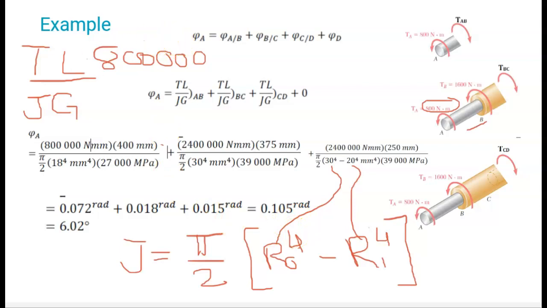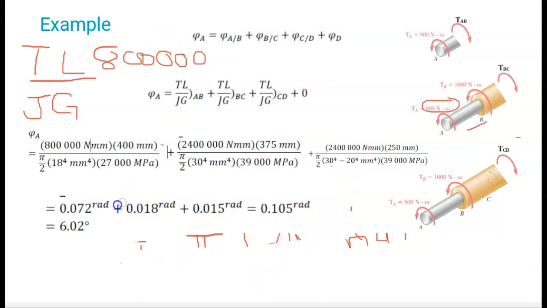How do I convert from radians to degrees? There is a direct conversion, but if you don't know, 360 degrees equals 2 pi radian.